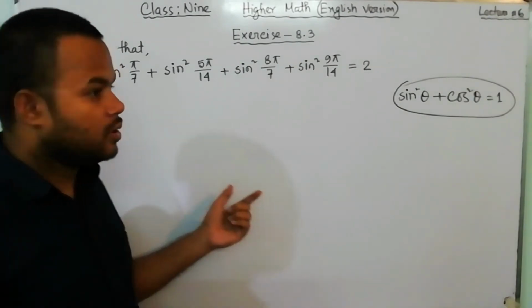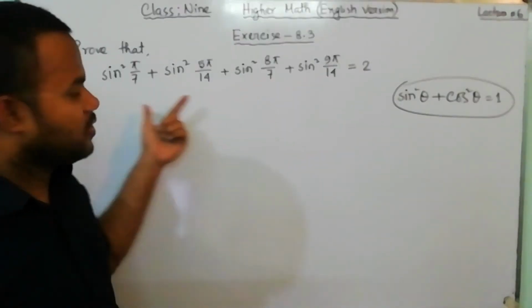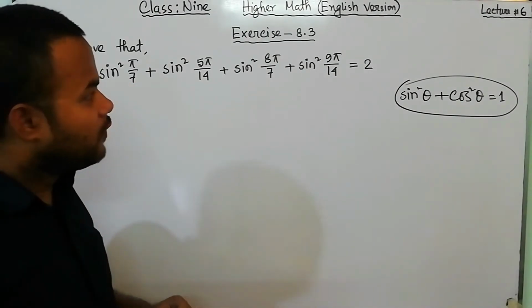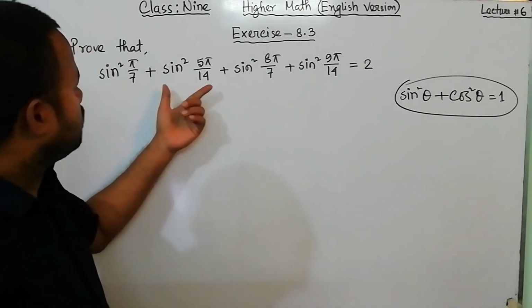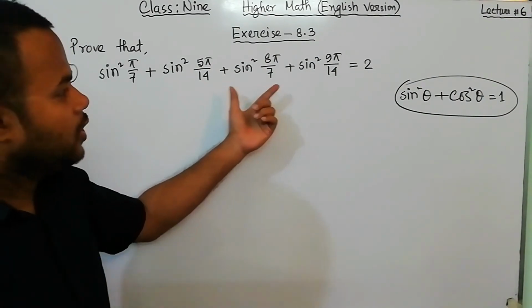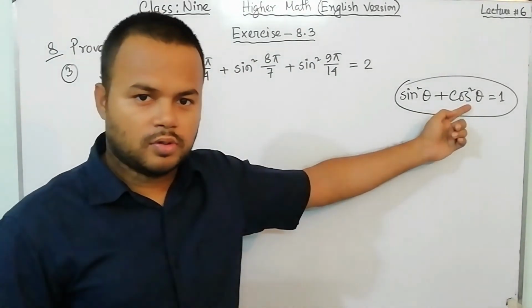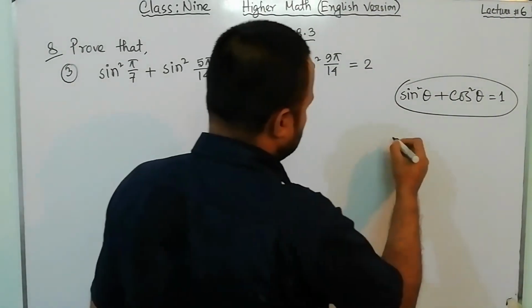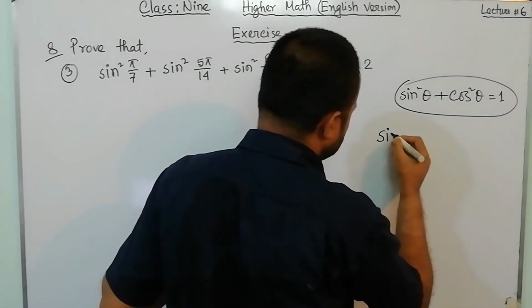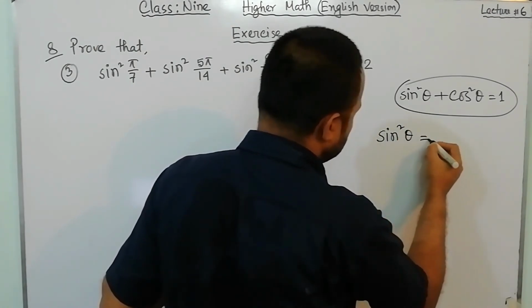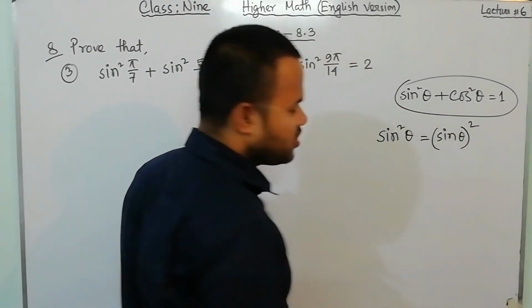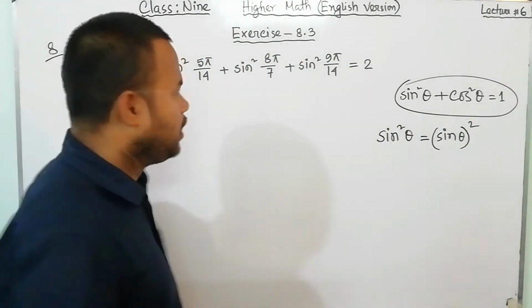So here we have 4 sines, which means we have to convert 2 out of 4 into cos. We also know that sin²θ is equal to (sin θ) whole squared. Both are the same. Okay, now let's start.